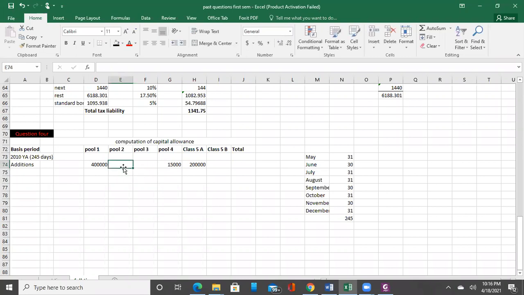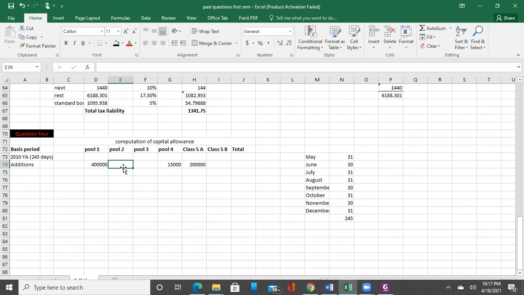Then you have another one for 2010, saloon car. Now, when we are talking of saloon cars or cars that are being used for non-commercial purposes, there is a cap to it, or there is a limit to which you can grant capital allowance on.